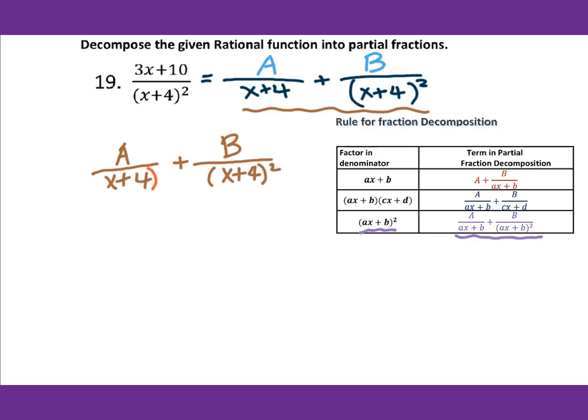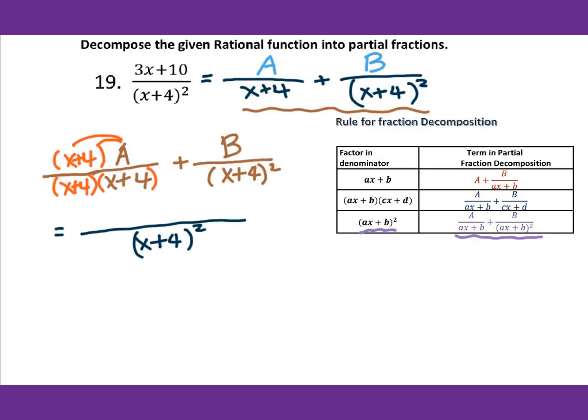In this case, I can multiply by x plus 4, top and bottom. Then you can use the distributive property. The denominator is x plus 4 squared this time. You get ax plus 4a plus b.